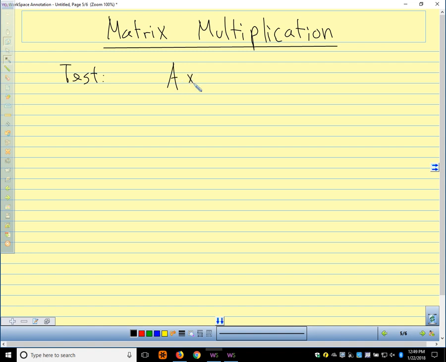A times B. We need to know the dimensions of matrix A. So let's say A is M by N and B is N by P. These two numbers have to be equal. So the number of columns in A has to equal the number of rows in B. This M by P is the size of the result.